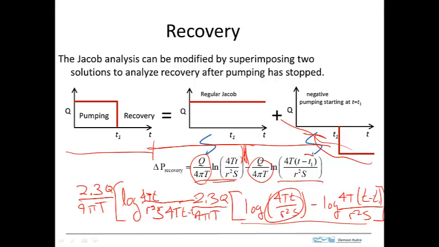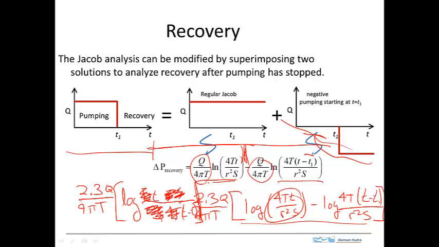Getting a little bit crowded here. Okay, so the r squared s there cancels, and the 4T there cancels. It's getting a little bit messy, but I would encourage you to work this out on your own.